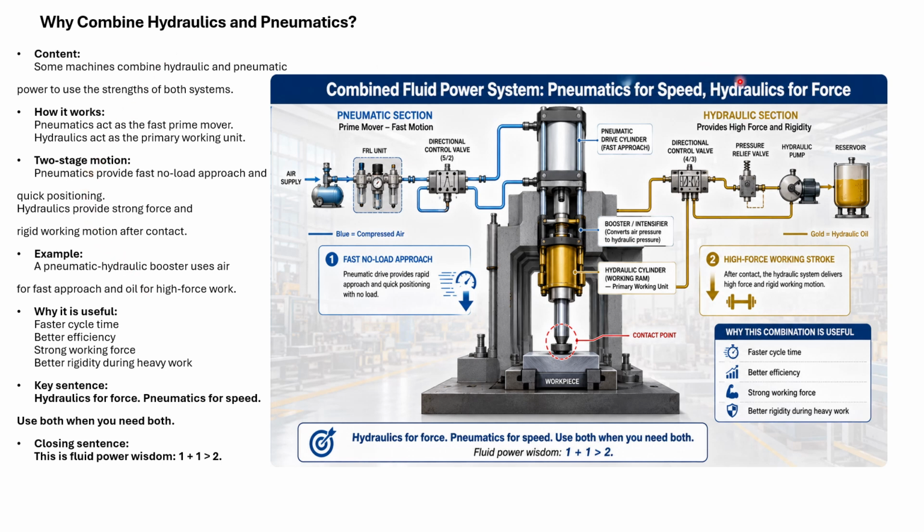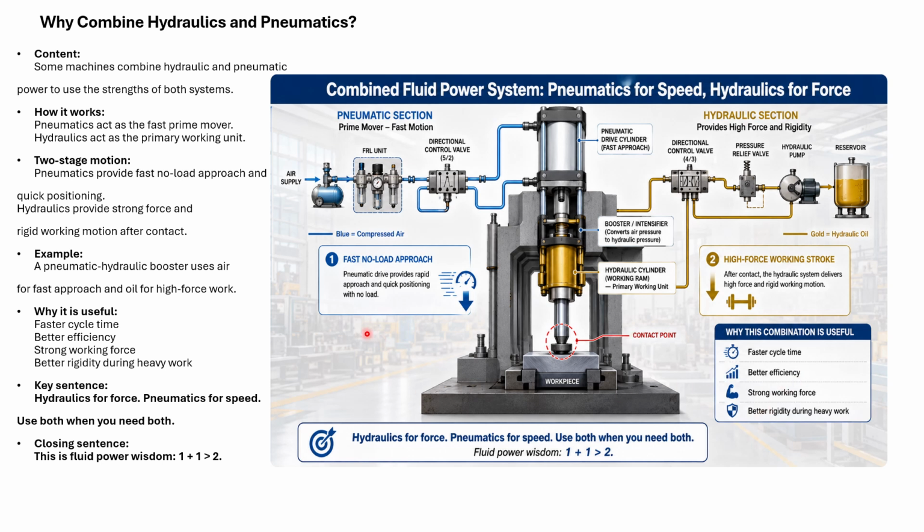In real industrial machines, hydraulics and pneumatics are not always used separately. Sometimes they are combined to take advantage of both systems. The pneumatic section can act as a fast prime mover.